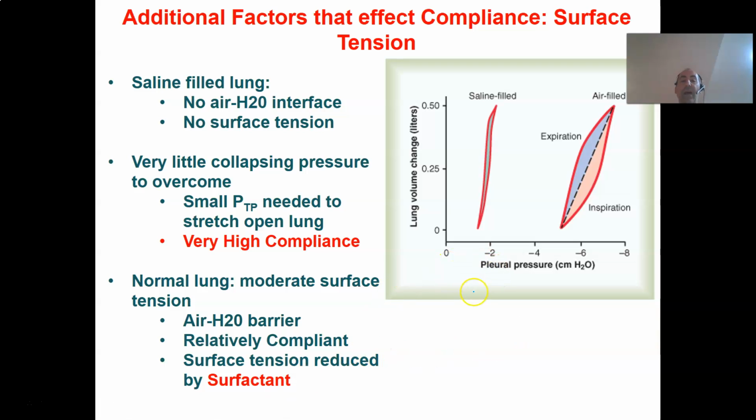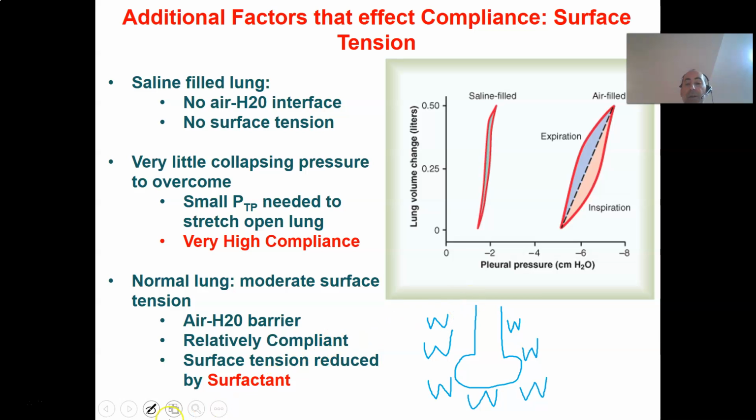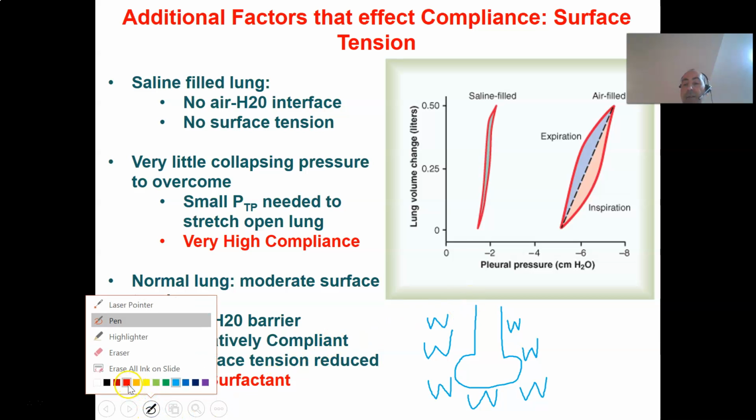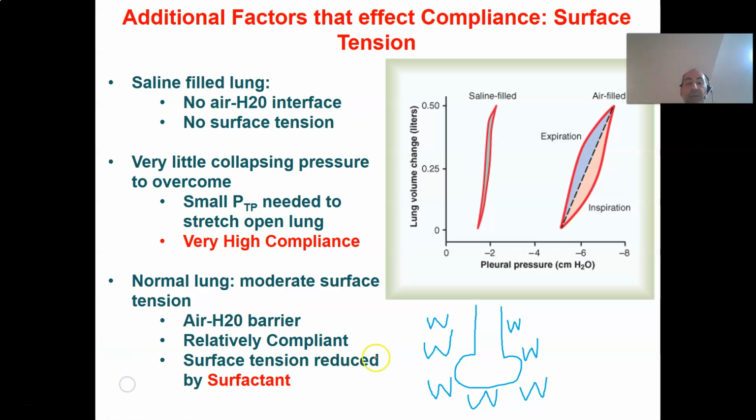So how does surfactant work? Well, let's draw an alveolus again. Remember, the water molecules want to get close to one another, and this causes this collapsing pressure, this surface tension. What the surfactant does, because it's an amphipathic substance, is it jams itself in between the water molecules.